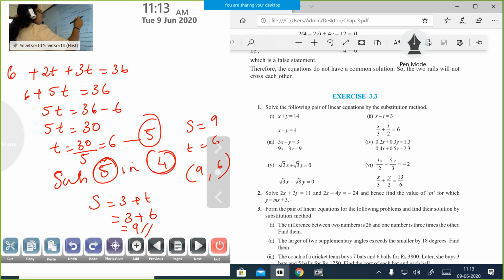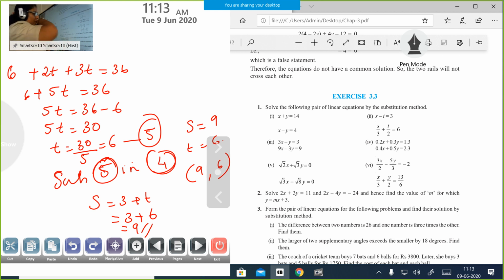Okay, next one: 0.2x plus 0.3y is equal to 1.3 and 0.4x plus 0.5y is equal to 2.3. Either you can convert into whole numbers. 0.2 is the same as 2 by 10, so 2 by 10 x plus 3 by 10 y is equal to 13 by 10.